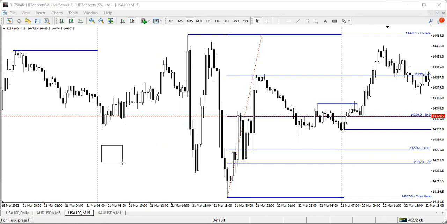Let's say we have that, and this. If I can see that this is the leg that broke market structure, then essentially I have found this leg in price. Once I can identify the leg that broke market structure, I've identified this part of the model.